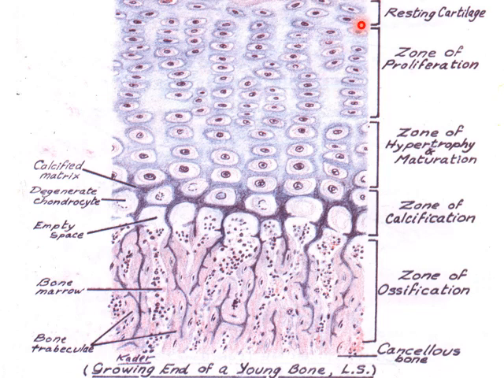Again, resting stage, zone of proliferation, zone of hypertrophy, zone of calcification, where the chondrocytes will die. Then zone of invasion, then the spongy bone formation or ossification.